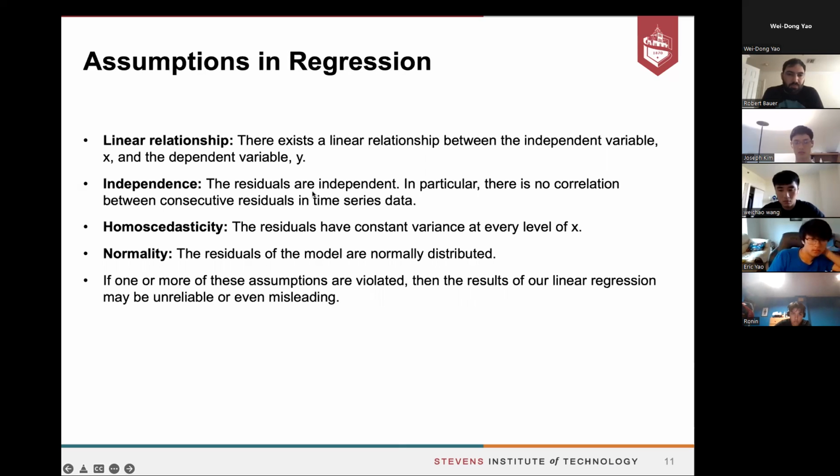All the residuals should be independent. There should not be a correlation between the residuals. Third, homoscedasticity. The residuals should have a constant variance. And the next is normality. The residuals of a model should be normally distributed. In the coming slides, we can see all the assumptions in depth.